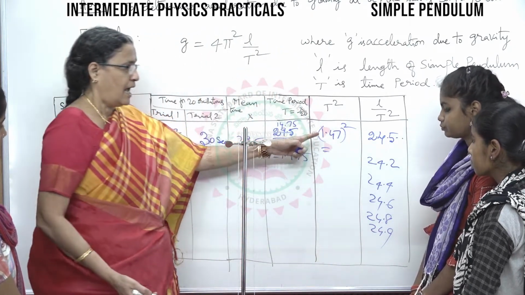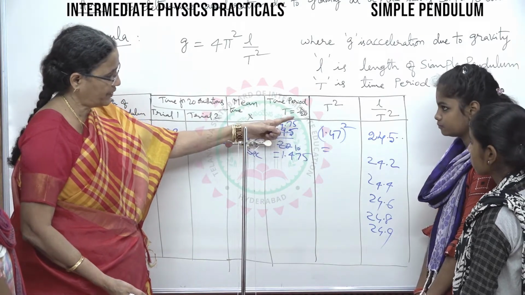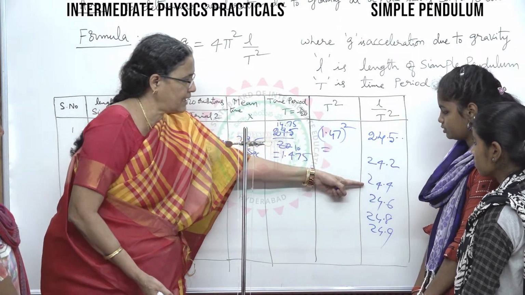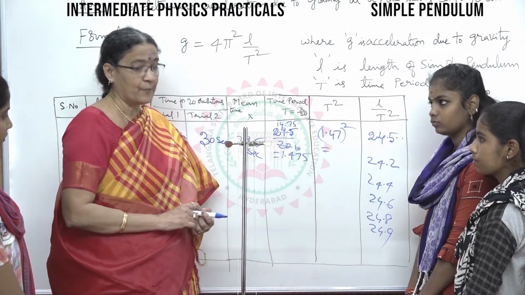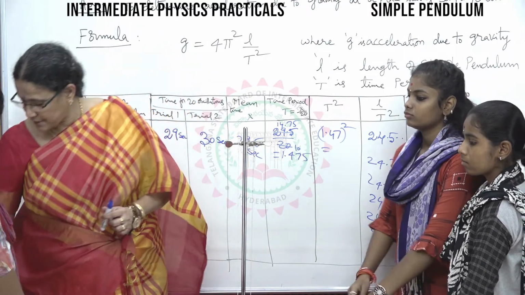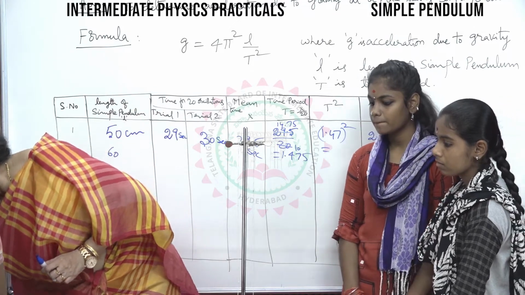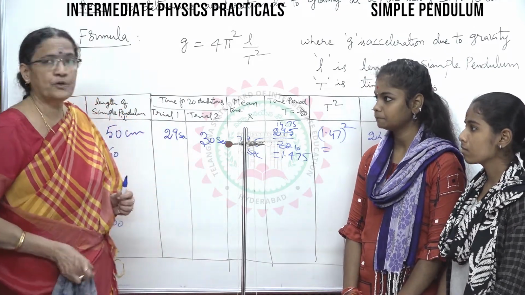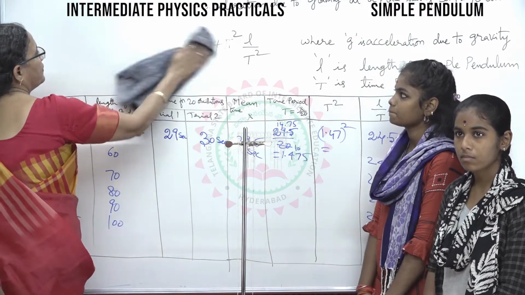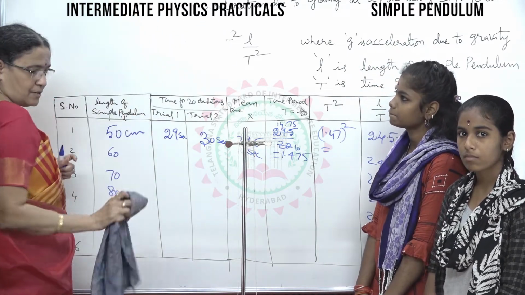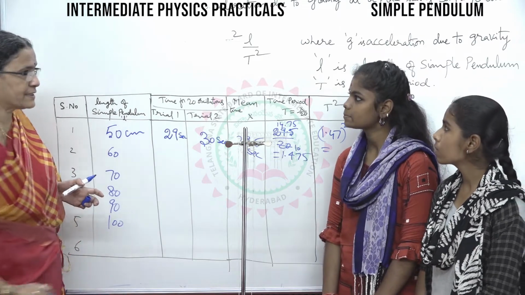Like that, I'm taking readings for 50, 60, 70, 80, 90, 100 centimeters. I have taken 6 readings. You need 6 readings for this particular experiment. It is not enough if you just take 2-3 readings. Why? Because you are going to draw a graph, and for a graph, we need more points.